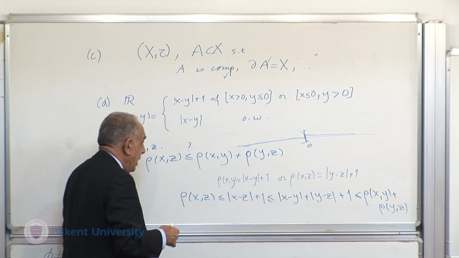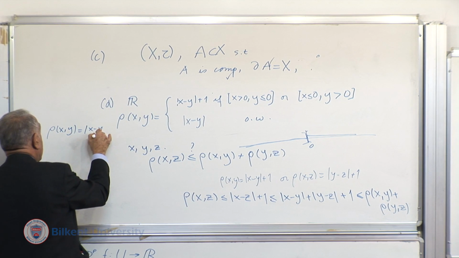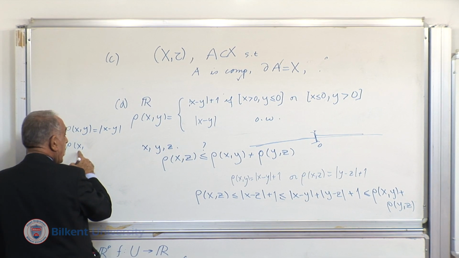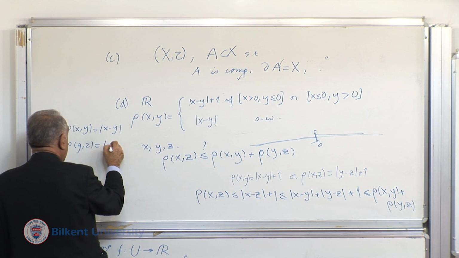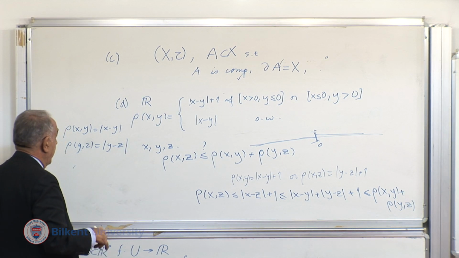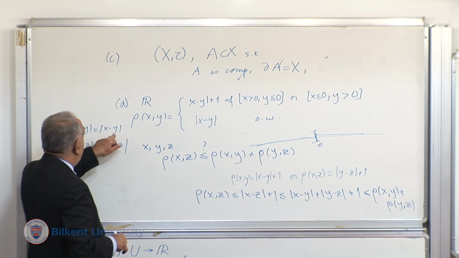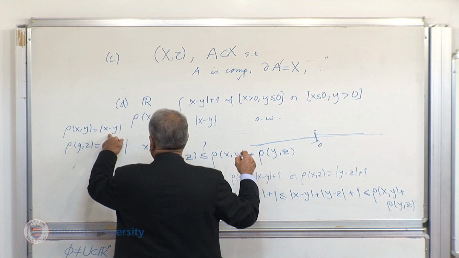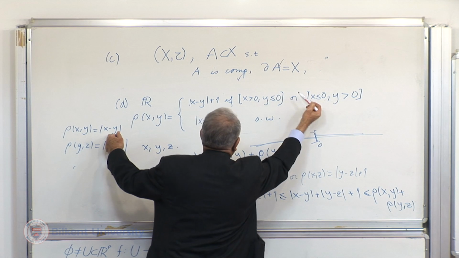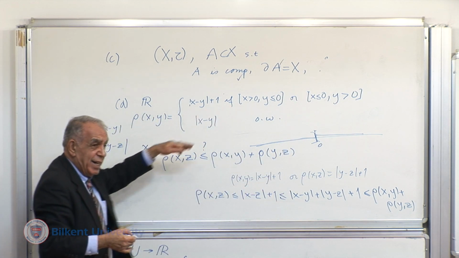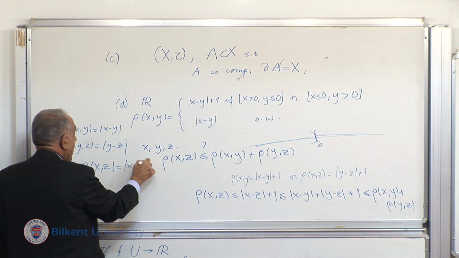Otherwise, if the second case is rho xy equal to x minus y and rho yz equal to y minus z, then x and y fall neither here nor there, so you have also rho xz equal to x minus z.